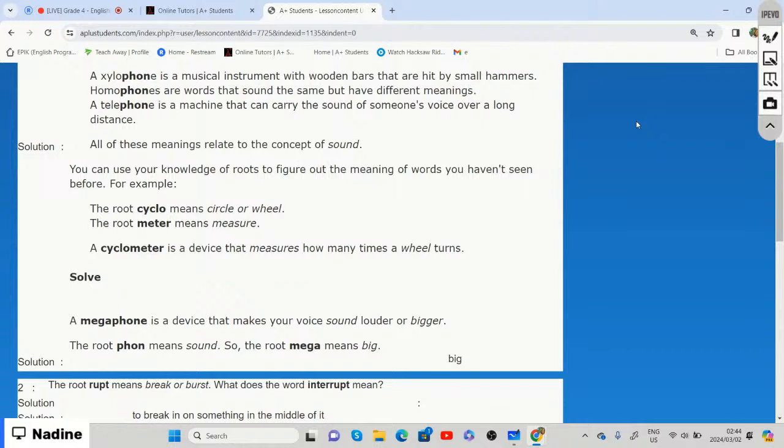And we did say mega means big, because here it says a megaphone is a device that makes your voice sound louder or bigger. And then phone means sound. If you put those two words together, then the root mega means big.